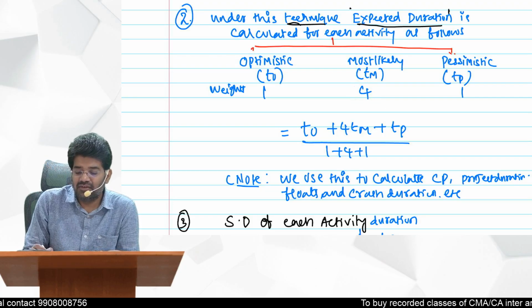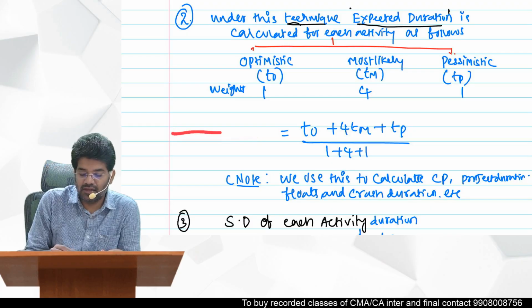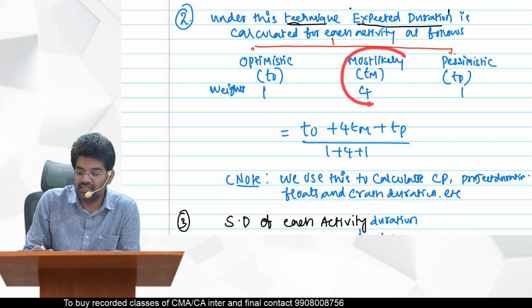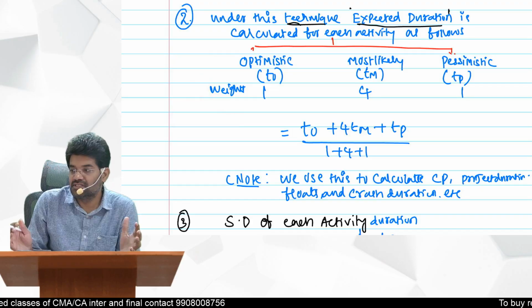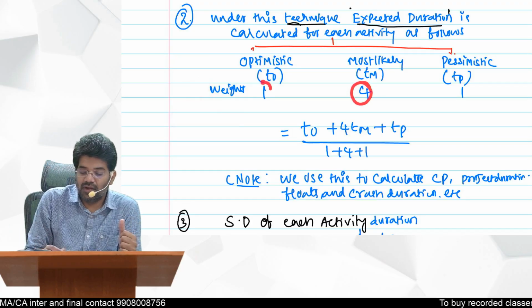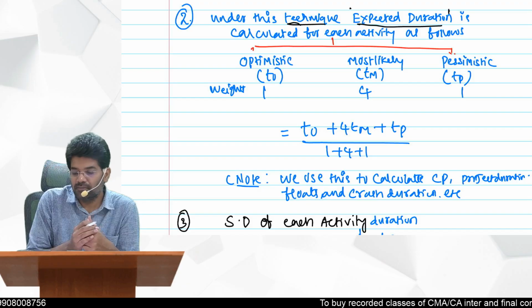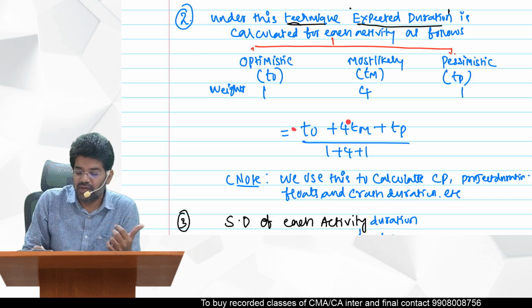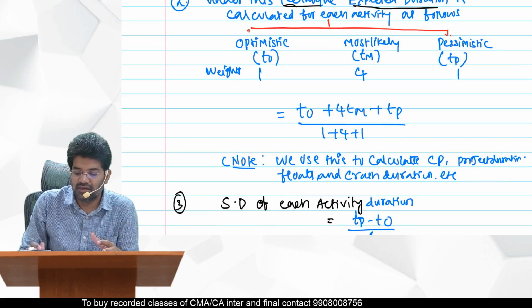The reason for giving 4 weight is because it exactly falls under the category of the normal distribution curve, where the most likely scenario divides this normal distribution curve into 2 equal halves. So the weight given to this one is 1, to this one is also 1, and for this it is 4. Generally in the regular class we spend some time on why these weights are taken as 1, 4, 1, but here since it is revision, just know the formula.